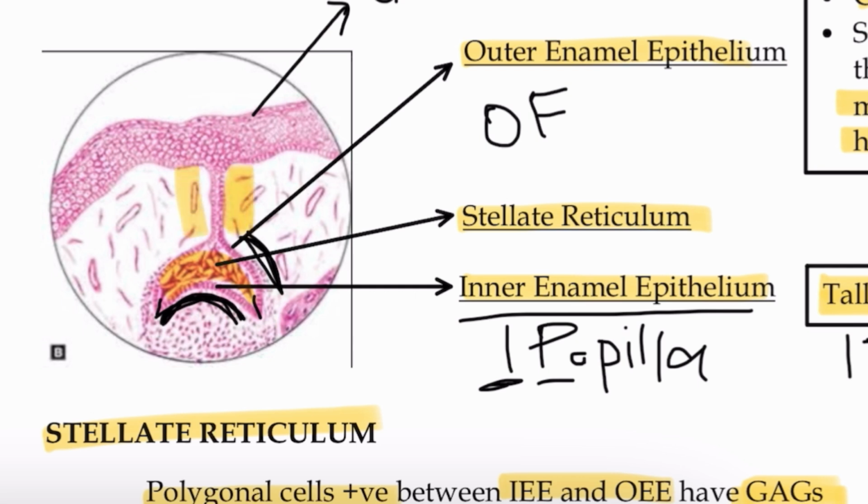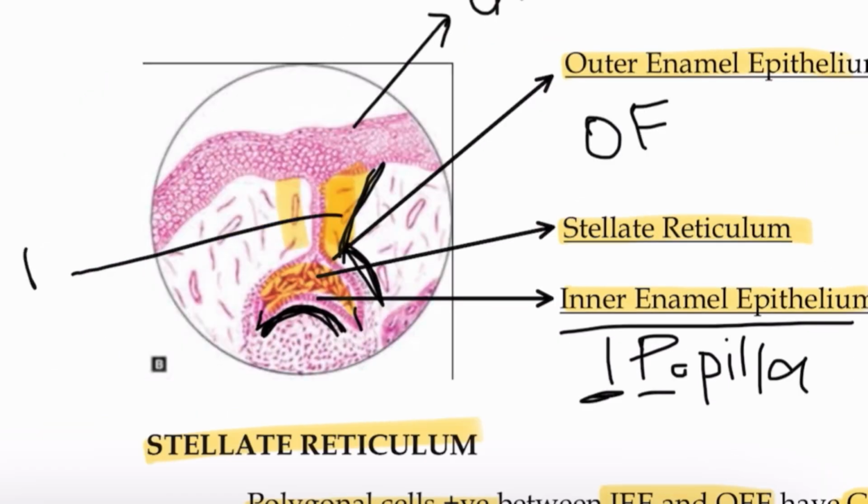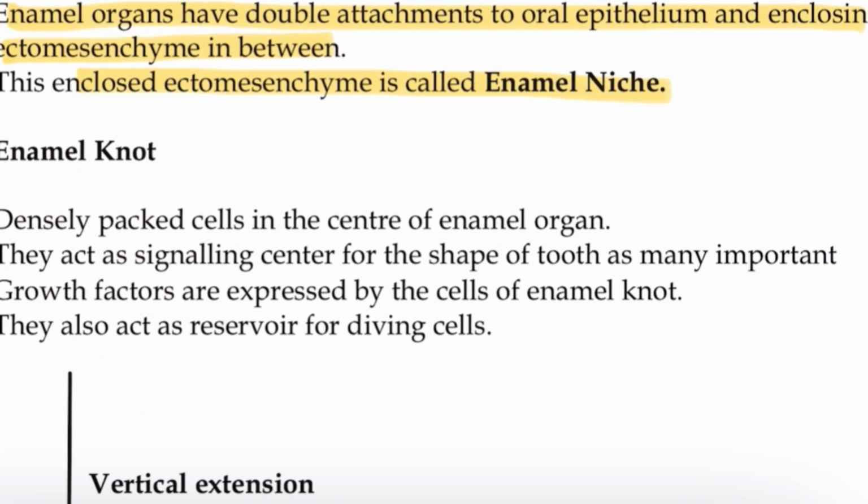Similarly there is one more attachment. I don't know how to draw this. So there is one more attachment, and these ectomesenchymal cells present in between will be known as the enamel niche. So yes, back to this diagram. What is the enamel niche over here?